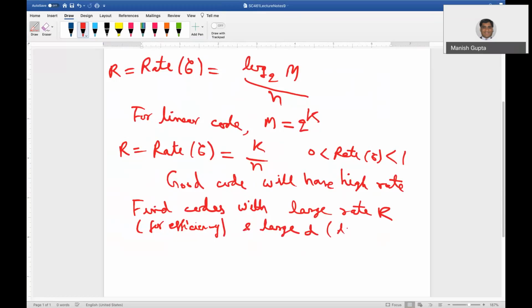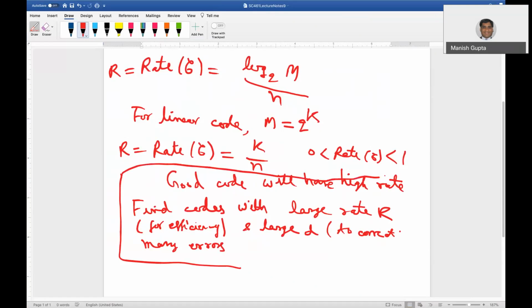If minimum distance is d, we can correct (d minus 1) by 2 errors. If d is large, we can correct many errors. So this is your basic objective for any code. If you want to construct any code, you need to have codes with high rate and high minimum distance. Many times these are a bit conflicting statements.